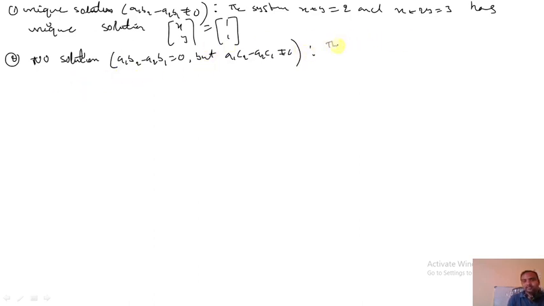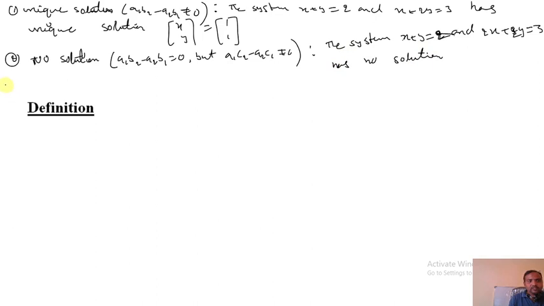Geometrically, no solution means they are parallel lines. Suppose we take x plus y is equal to 2 and 2x plus 2y is equal to 3. The lines are the same but the constant is different. They are parallel lines, so it has no solution.